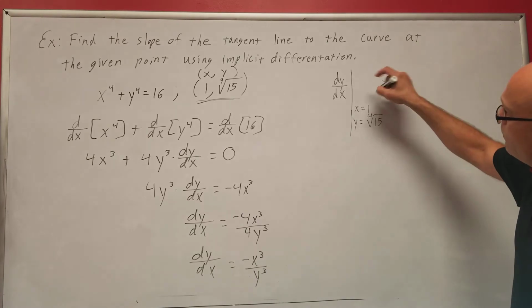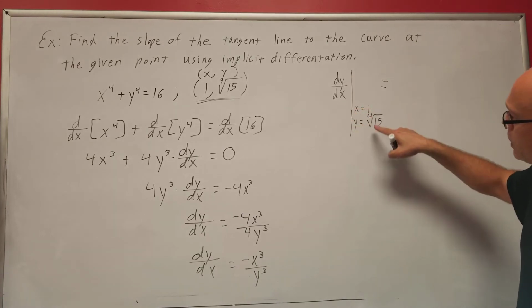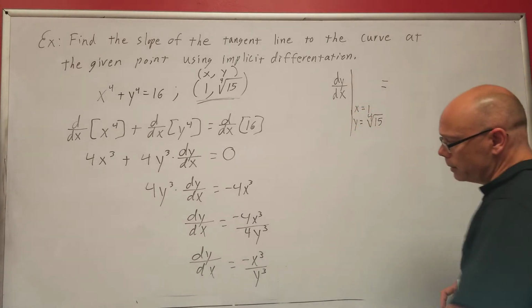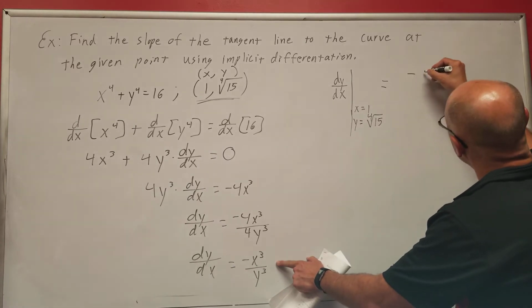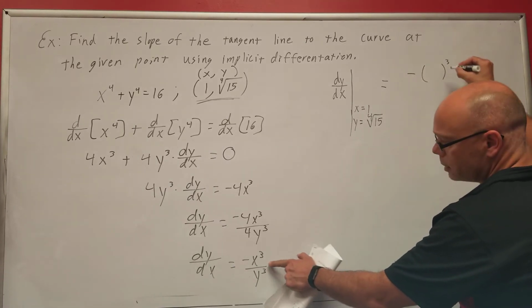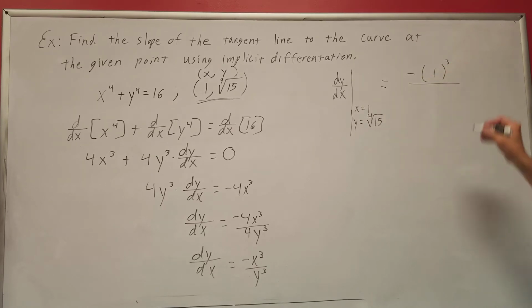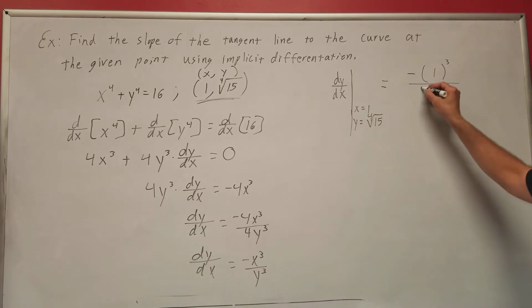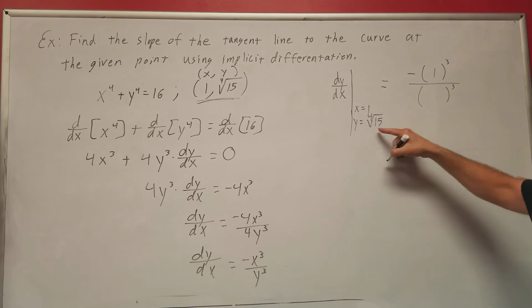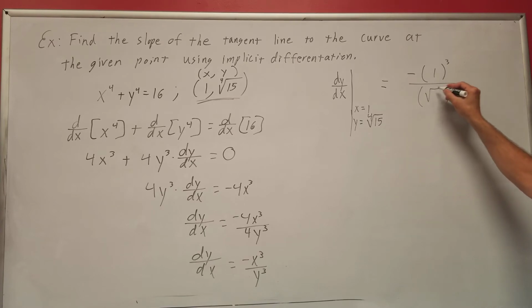All right, so let's evaluate my derivative when x is 1, y is the fourth root of 15. So we're going to have negative, instead of x cubed right here, we're going to say 1 cubed over, instead of y cubed, we're going to put in the fourth root of 15.